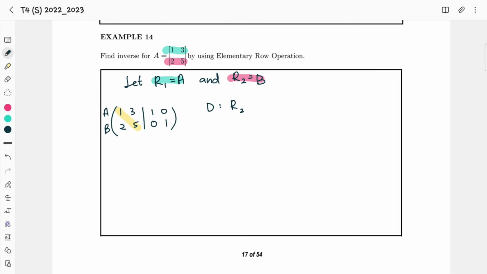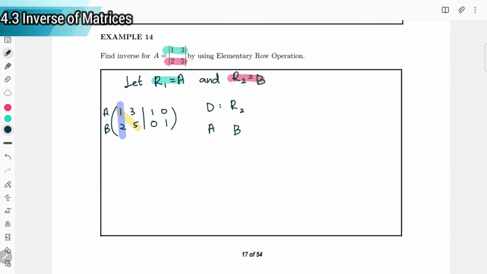So the diagonal is row A, then row 2 will be B. Okay, focus on the entry for row 1 on the diagonal, which is 1, and then for B we have 2. The one I've highlighted in blue. Okay, 1 and 2.